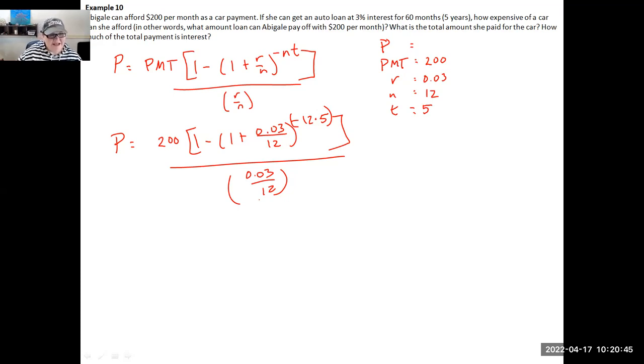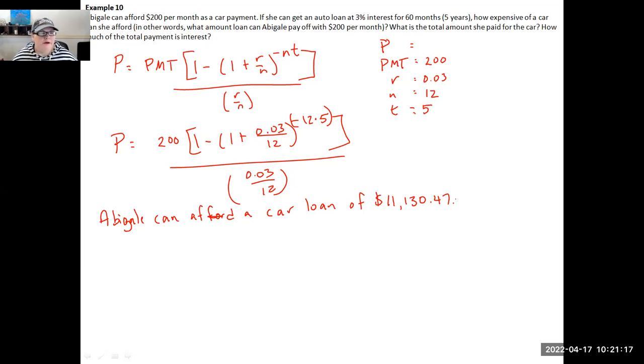That's a lot. So the amount of loan Abigail can afford, if I'm saying her name right, is a car loan of $11,130.47. That's it.